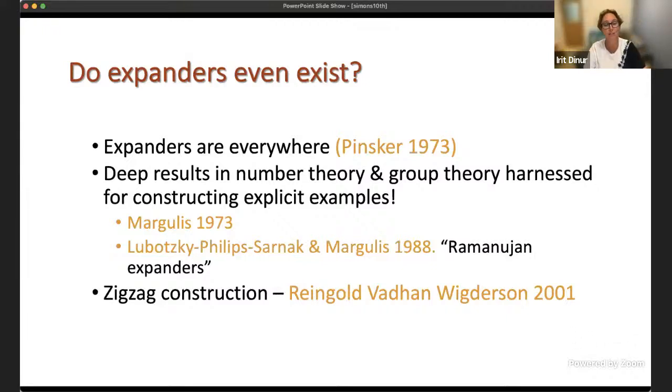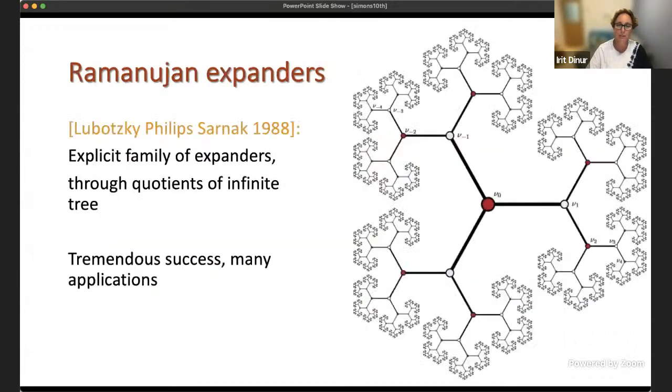We also have a really beautiful construction by Reingold, Vadhan, and Wigderson that constructs graphs by very elementary methods, a recursive construction called the zigzag construction. But let me talk a little bit more about the LPS construction, because it will help me get to the high-dimensional expanders.